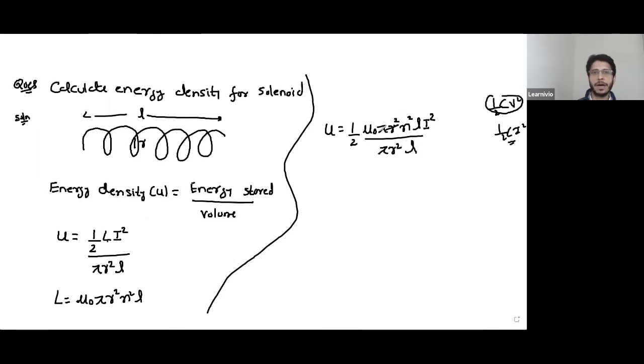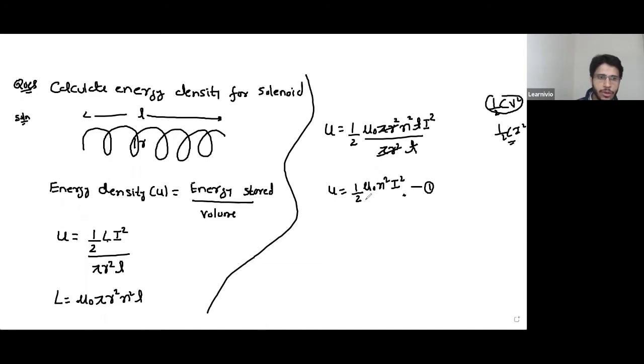This pi r square will get cancelled with this pi r square. This L will cancel this L, and we are left with just half mu naught n square I square. I call this equation number 1.